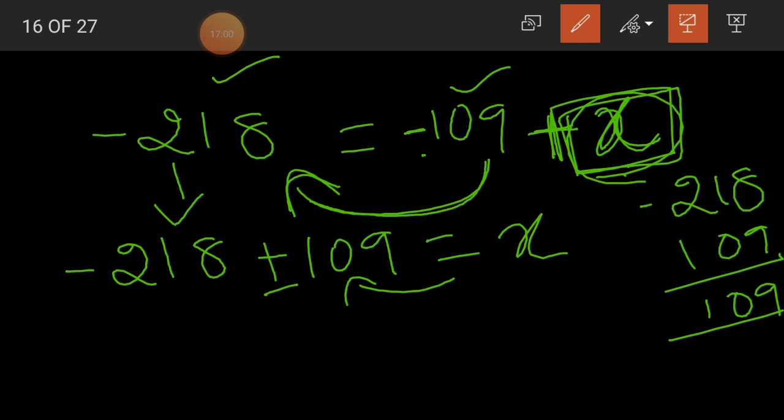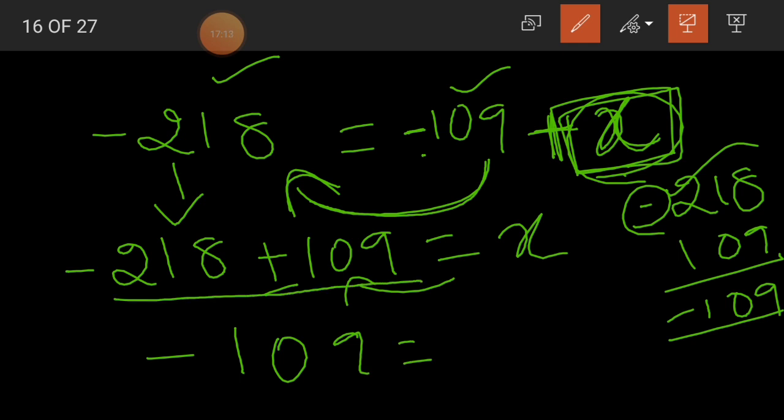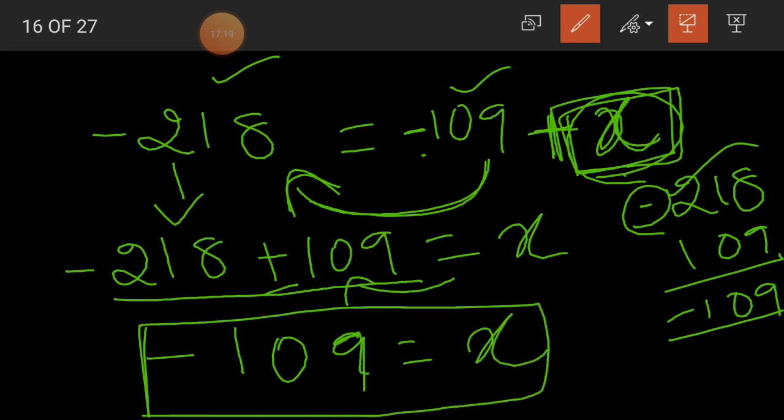Right? What about the sign? 218 is the higher absolute value number. It is a negative number, so the answer will also have a negative sign. Minus 218 plus 109 gives us the answer of minus 109, which is equal to x, which is our required other integer.